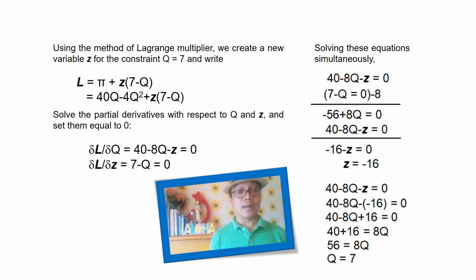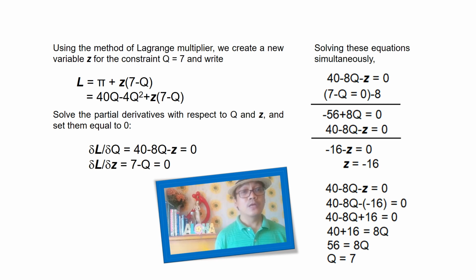Solve the partial derivative with respect to the two variables q and z and set them equal to 0. That is, the partial derivative of the Lagrangian function with respect to q is equal to 40 minus 8q minus z equals 0. Now, the partial derivative of the Lagrangian function with respect to z is equal to 7 minus q equals 0.